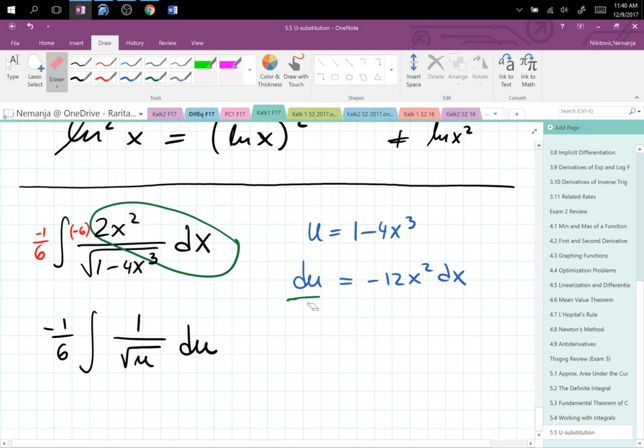Clearly they don't match, because one is -12 and the other one is 2. So you have to fix them one way or another. That's why I said you pick your favorite way to fix. Which one do you like better?